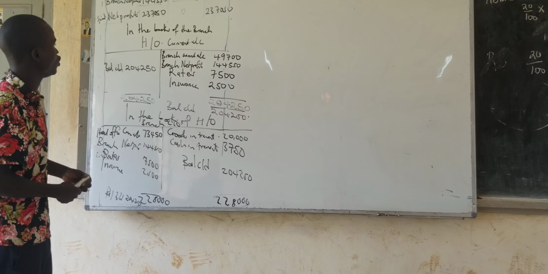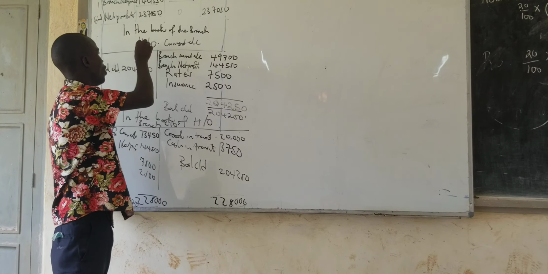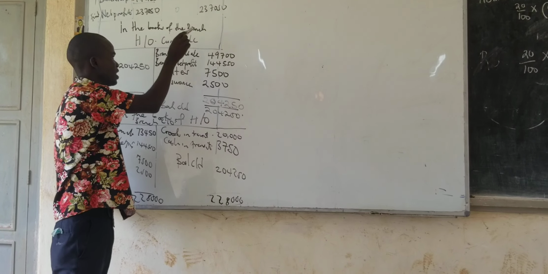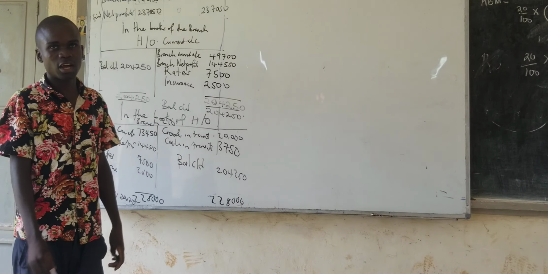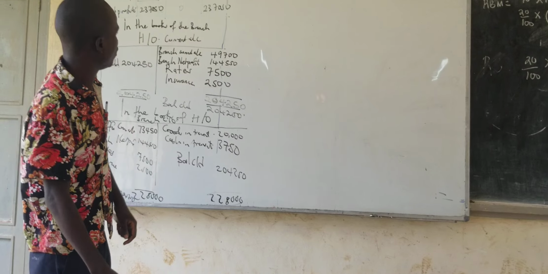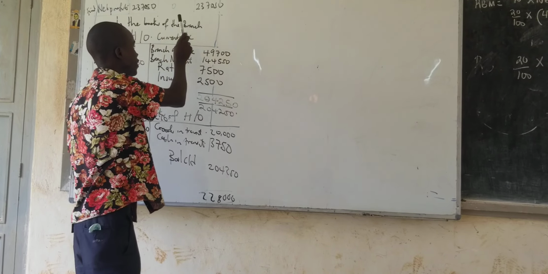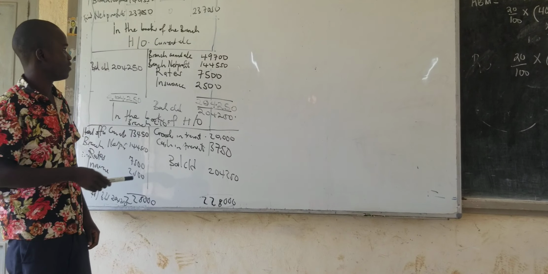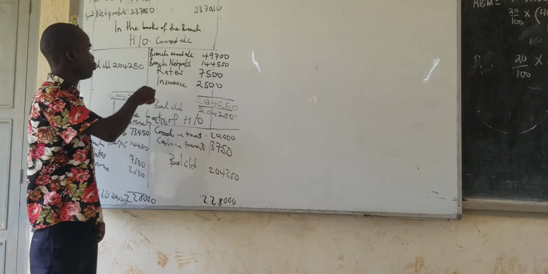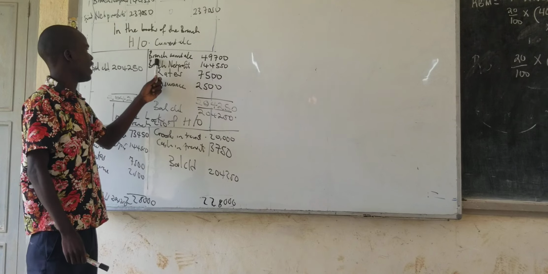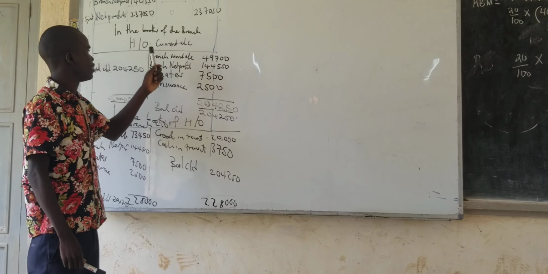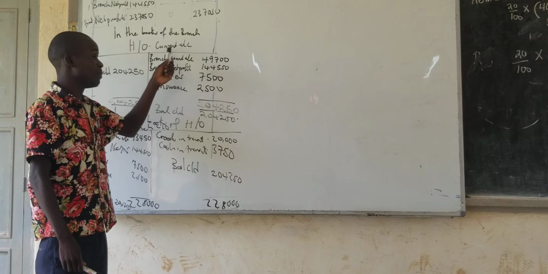So what should we do? We open the head office current account in the books of the branch. What should you put? You put the branch current account, because the head office is the creditor.